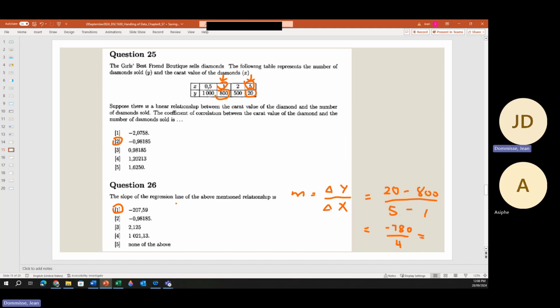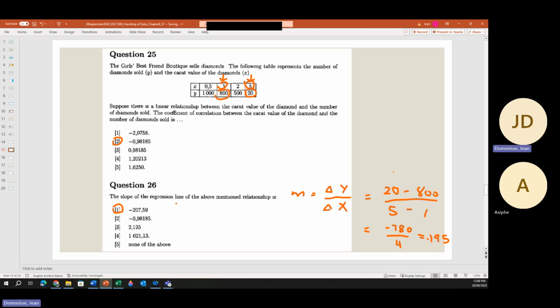So minus 780 divided by 4. Okay, so we get something different, minus 195. Okay, so it is supposed to be exactly the same.